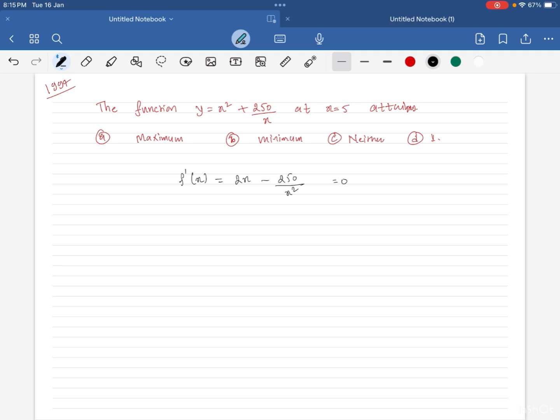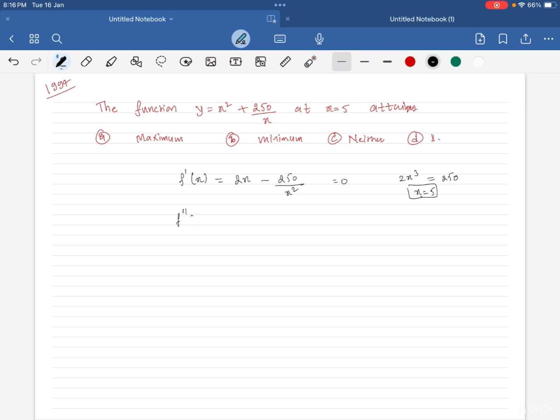So that would be 2x cube is equal to 250. That means x cube is 125, so x is equal to 5, right? So that means this is a stationary point, where the function will change.